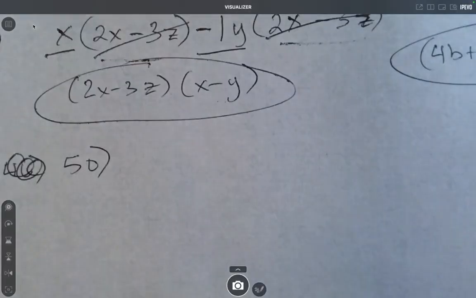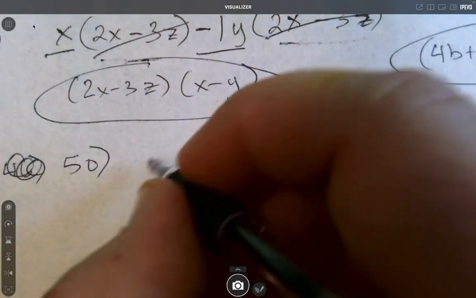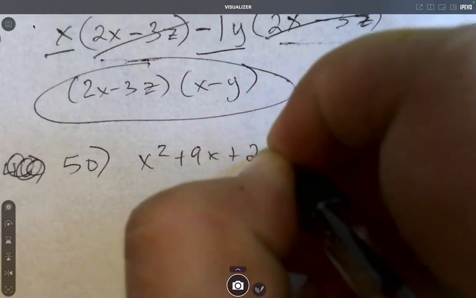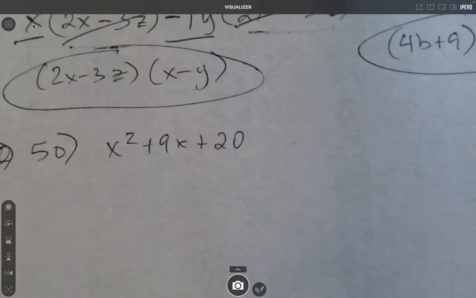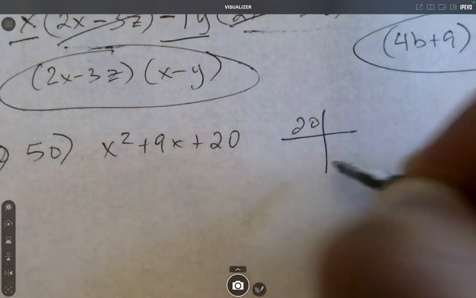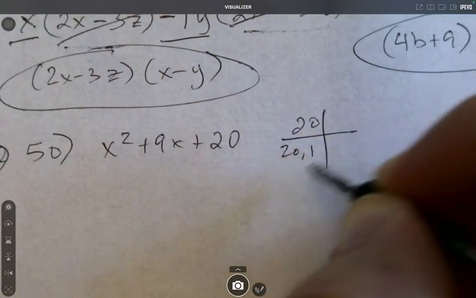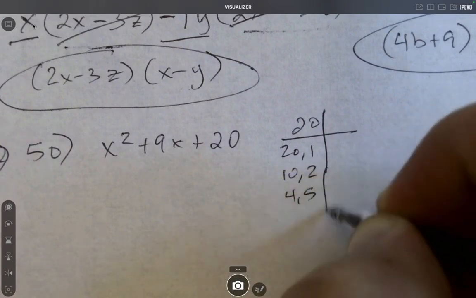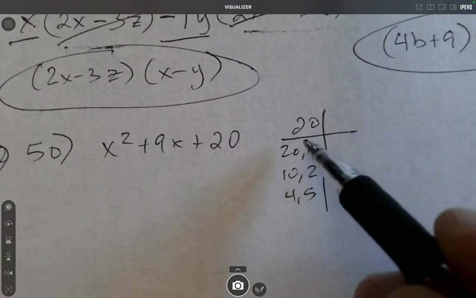So from here on, we're doing the quadratic trinomials, meaning the things with 3 terms. So we say, all right, what multiplies to be 20 and adds up to 9? Now you don't have to list all of these.